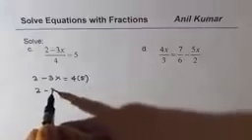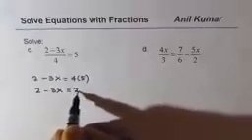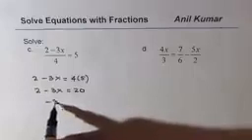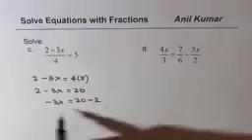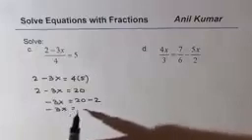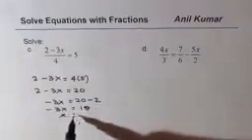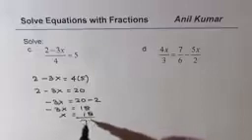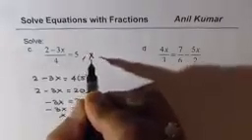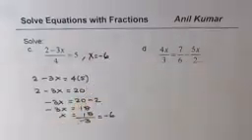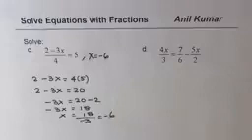So we have 2 minus 3x equals 20, minus 3x equals 20 minus 2. So minus 3x is equal to 18. x is 18 divided by minus 3, which is minus 6. So we get x equals minus 6. Perfect. Next one.